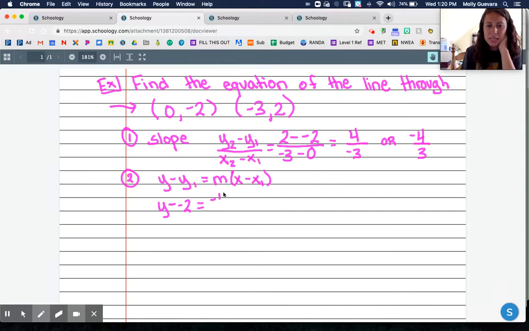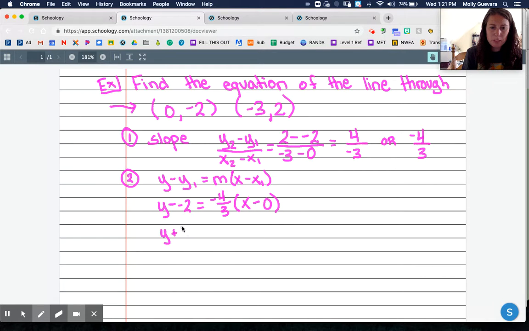My m is -4/3. I wrote it wrong, but I said it right. Times x minus, and then my x1 is 0. Now, if you had used -3 here and 2 here, you would have gotten the same answer. So don't stress. And let's simplify.